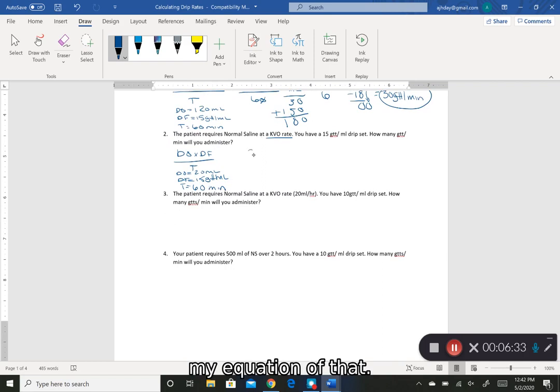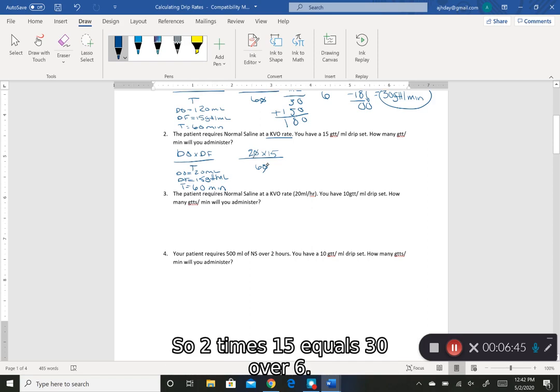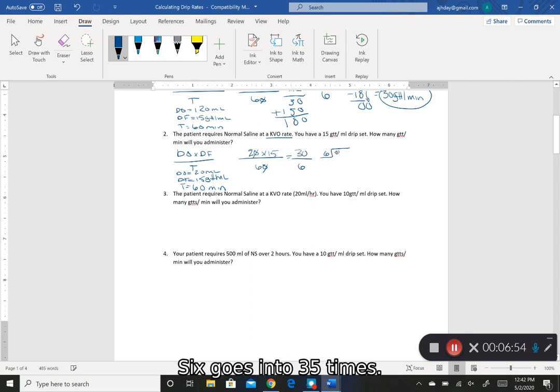So now I can plug those numbers into my equation. I've got, sorry about that, 20 times 15 over 60. Let's get rid of some zeros to make our math simpler. So 2 times 15 equals 30 over 6. 6 goes into 30 5 times, and that equals out.